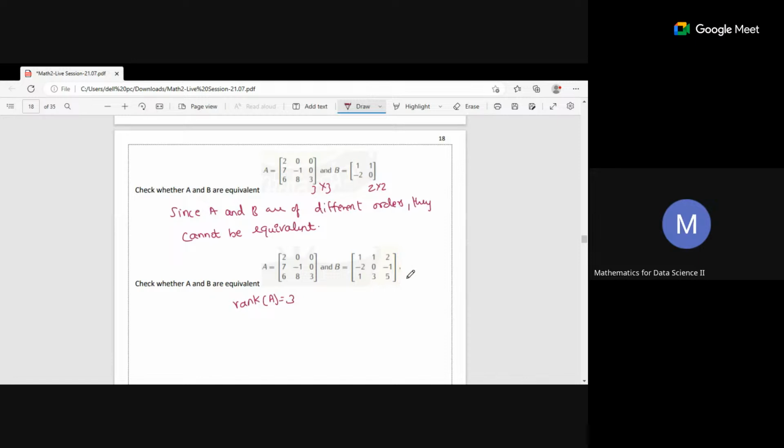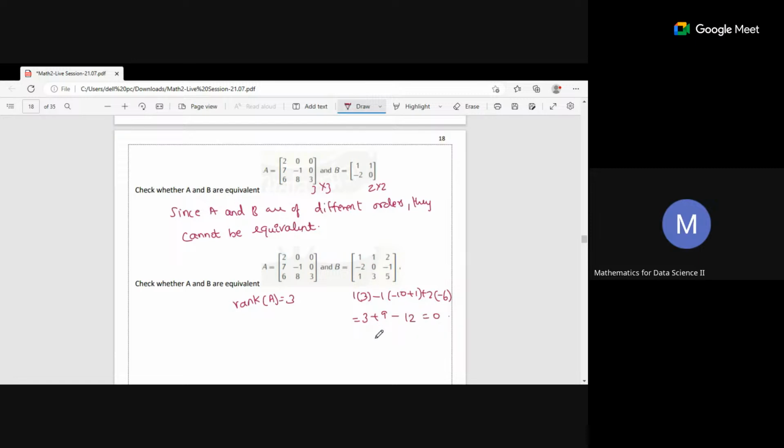Again, is the determinant non-zero? 1 times 3 minus 1 times minus 10 plus 1, and then plus 2 times minus 6. So you get 3 minus 9, so plus 9 minus 12. It is actually 0. Did I do it correctly?